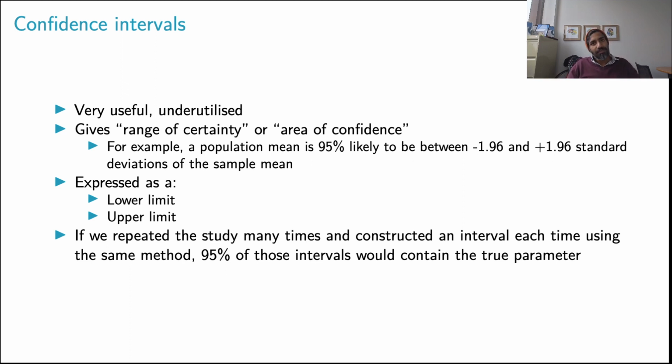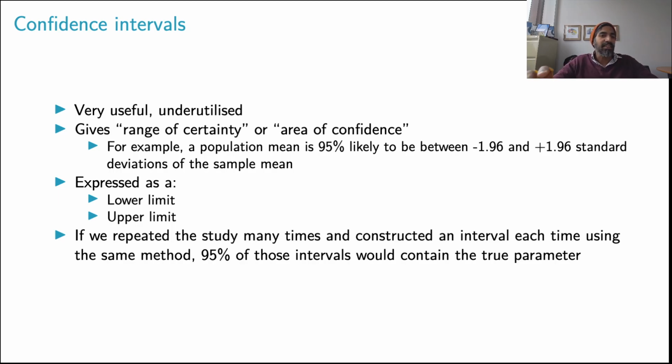For example, a population mean is 95% likely to be between negative 1.96 and positive 1.96 standard deviations of the sample means, right? So that's the range of certainty that a confidence interval provides. That's how people typically interpret confidence intervals. But in fact, there's more nuance to it than that.